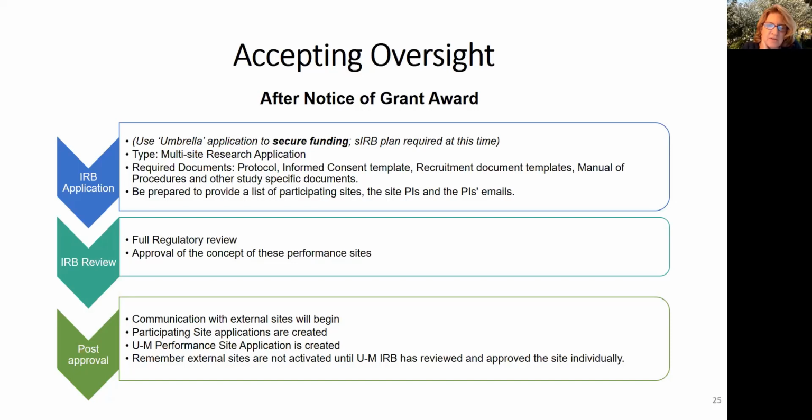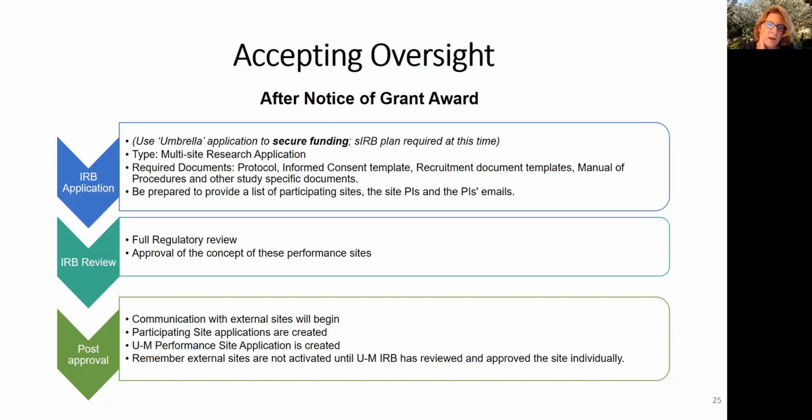The reason you have to do that separately is the multi-site application does not route to all the ancillary committees. That multi-site application is really for the IRB's eyes only. This helps us get that multi-site study set up.